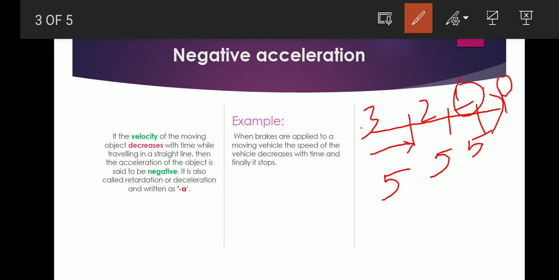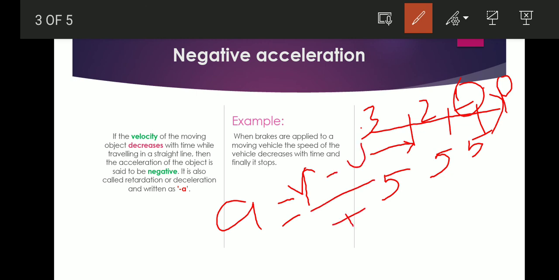Let's say this is 3, 2, 1 and 0. These are your velocities. Acceleration is equal to the final velocity v minus the initial velocity u, divided by time.